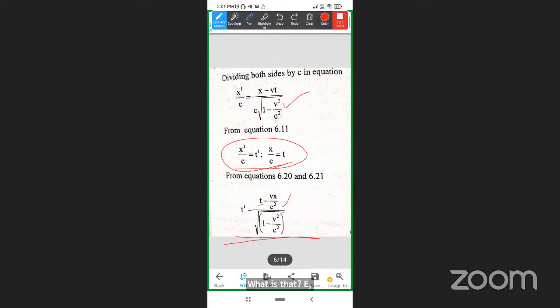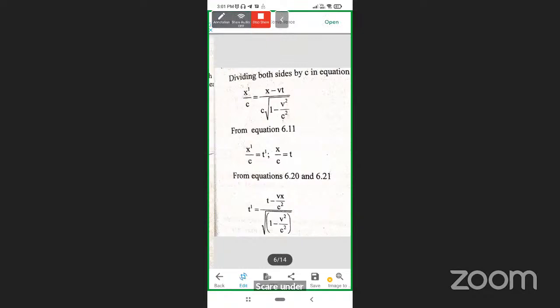This is the t' value: t' is equal to (t minus vx by c square) by under root of (1 minus v square by c square). So these are all x', y', z'.